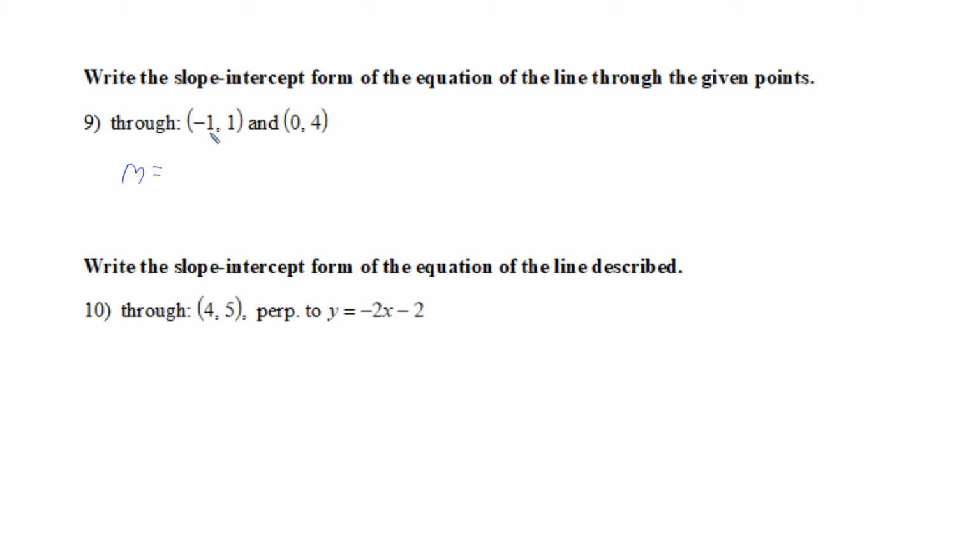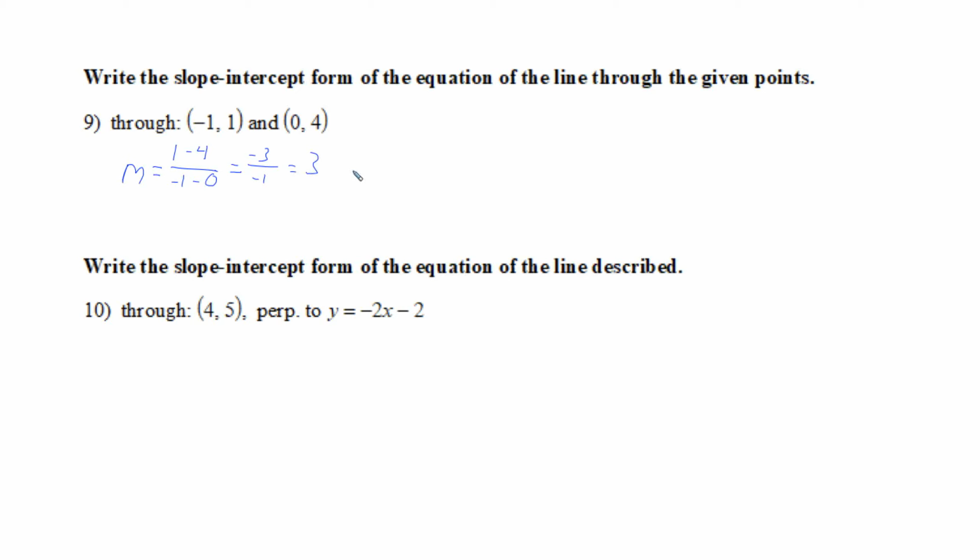Slope equals y sub 1, so 1 minus y sub 2, so 1 minus 4, over x sub 1, -1, minus x sub 2, which is 0. And that gives us 1 minus 4 is -3, -1 minus 0 is -1, gives us 3.